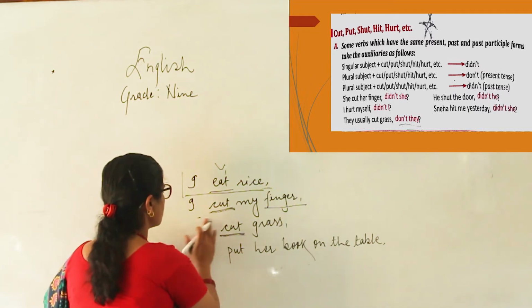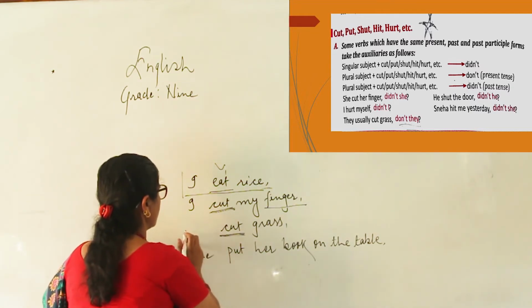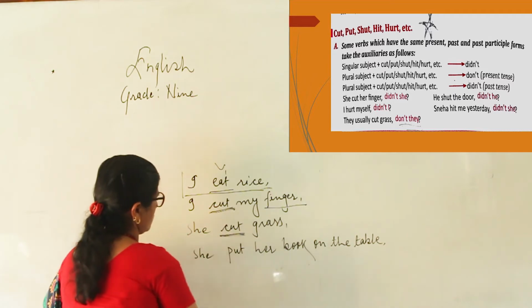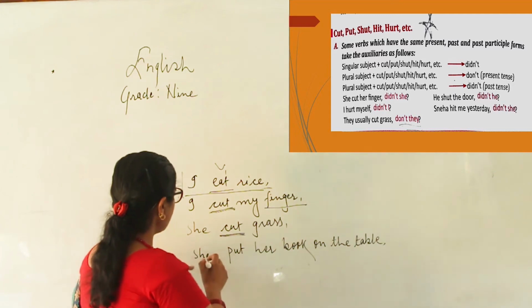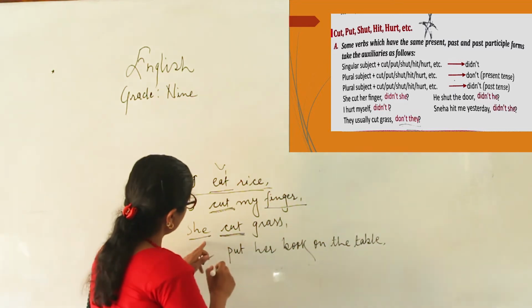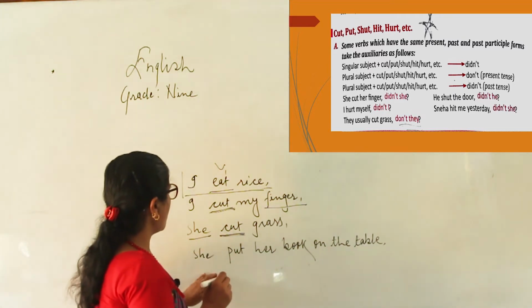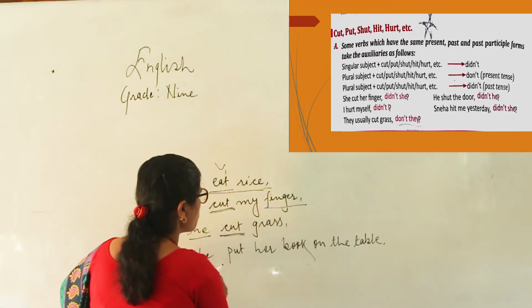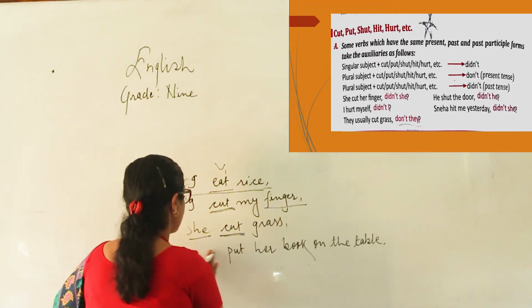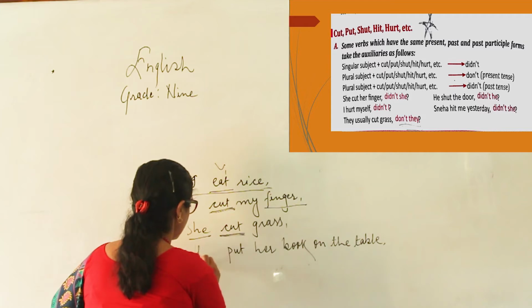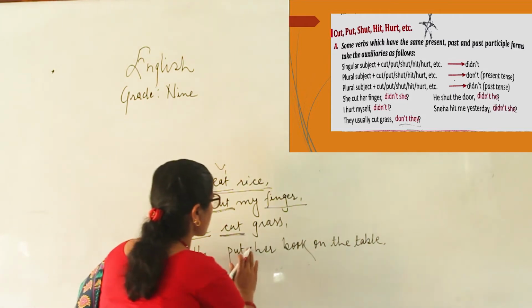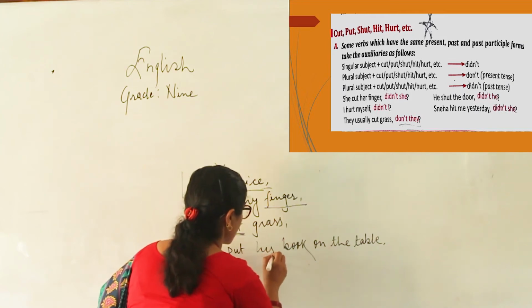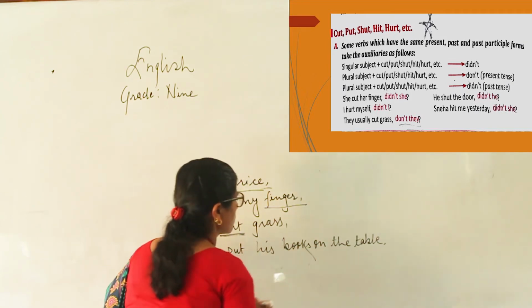You can write the subject and then the verb. She cut grass. Here she is the subject and cut is the verb. And she put her book on the table. Let's say he put his books on the table.